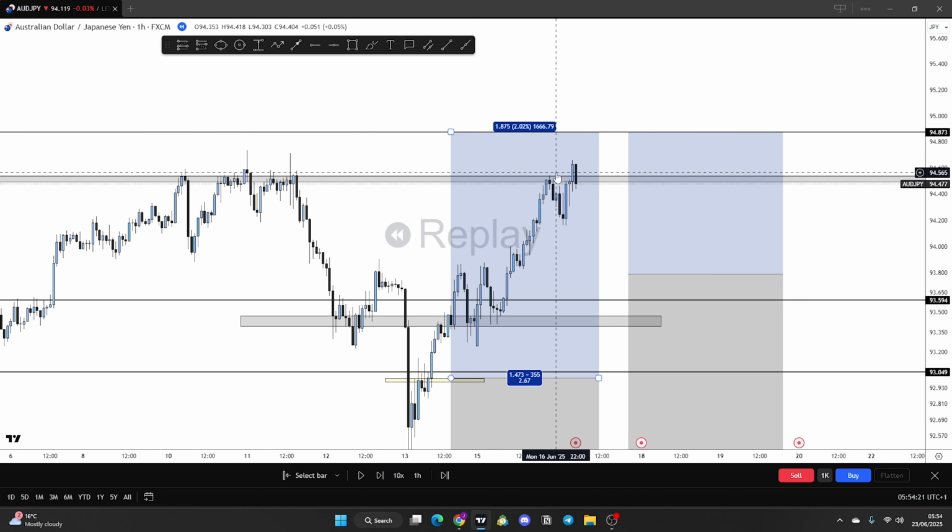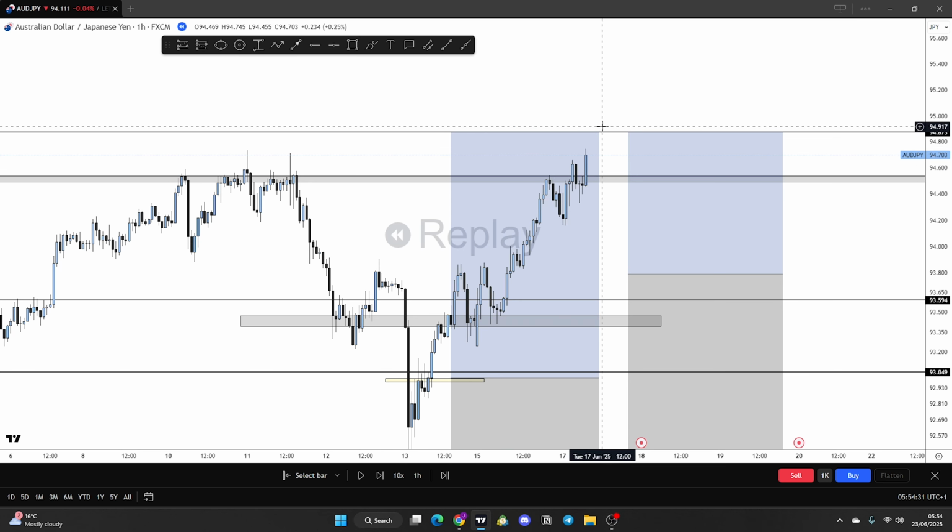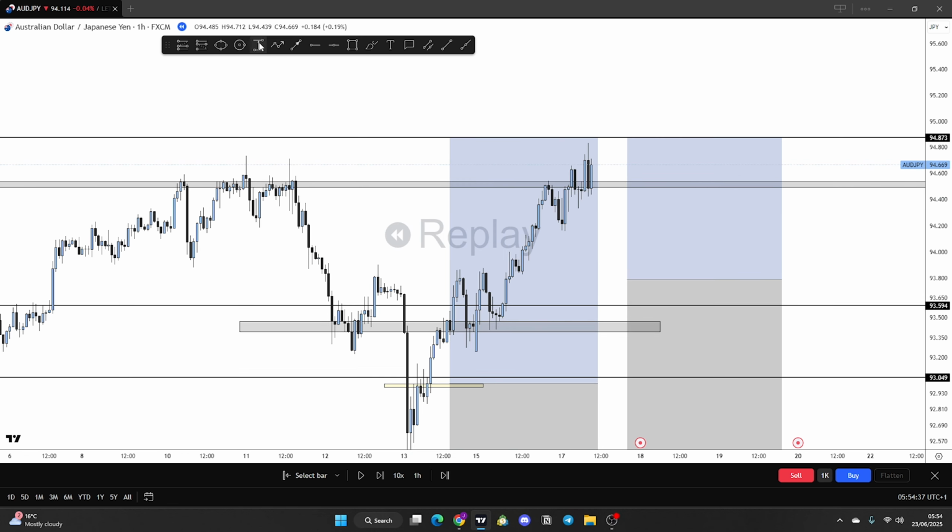Price pulled back into this level of 4 hour support, and then I think we pushed again, and we came like 4 pips away from my TP, and then we pulled back again. Look how close we came to my TP.